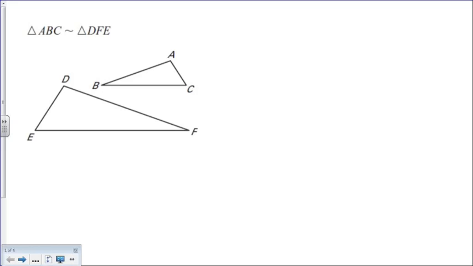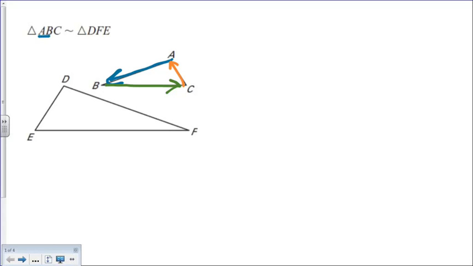So remember, it's A, B, so we're going this way. AB to BC, and then we go back around to CA. I'll highlight it here under the letters.